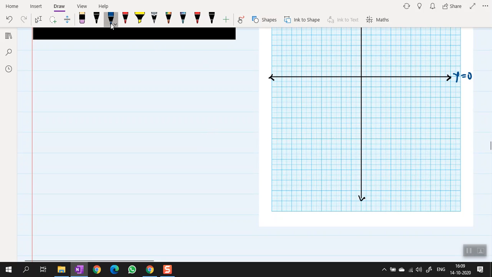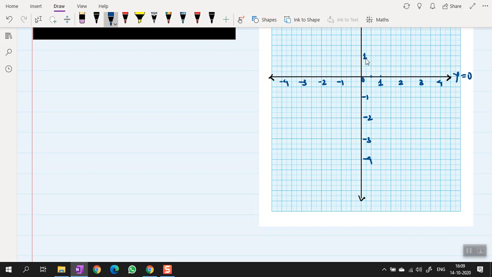Let me show you on the x-axis only. First division is over here and the second division is over here. So after 2 divisions, you have to take 1 unit. Then here 2, then here 3, then here 4. Like that over here, -1, -2, -3, -4. Over here, this is 0, -1, -2, -3, -4.